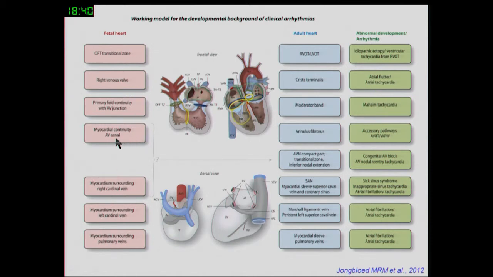For example, in the embryonic heart, myocardium continuing across the AV canal may explain accessory pathways in WPW syndrome. Myocardium surrounding the pulmonary veins may explain atrial fibrillation, and so on.